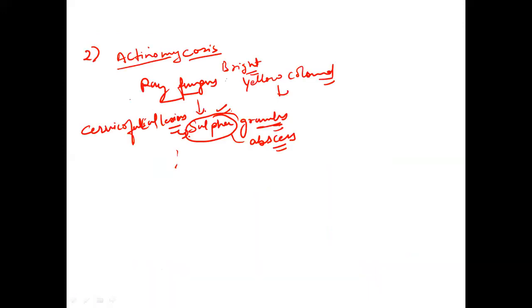Right. Then come to actinomycosis, which is also called ray fungus. It is actually a bacterial infection, but it is called ray fungus because it has features like a bright yellow color, which is a feature of fungus, and it forms cervicofacial lesions which contain abscesses. These granules contain abscesses, and the main feature is that these are sulfur granules.